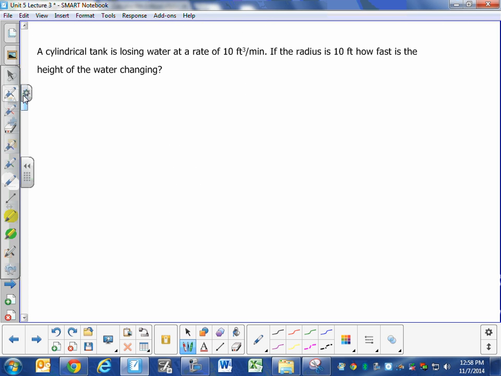Third simple one. A cylindrical tank is losing water at a rate of 10 cubic feet per minute. If the radius is 10 feet, how fast is the height of the water changing? And the radius is the radius of the cylindrical tank.